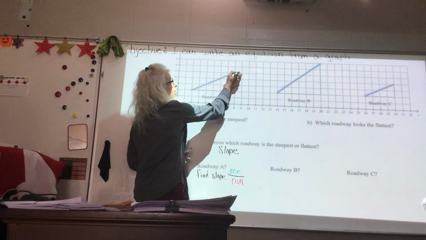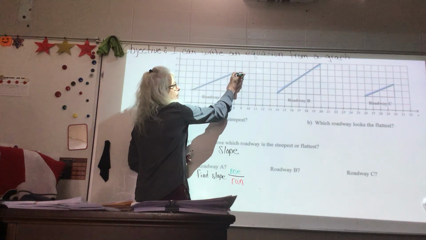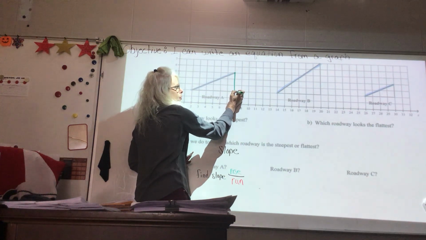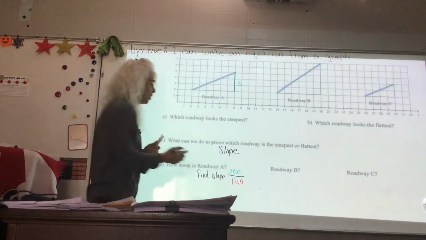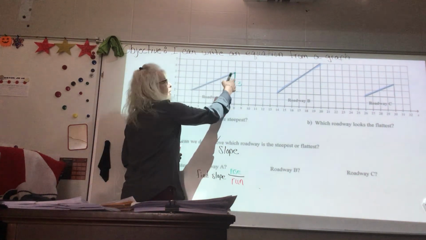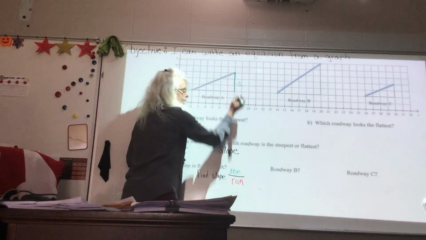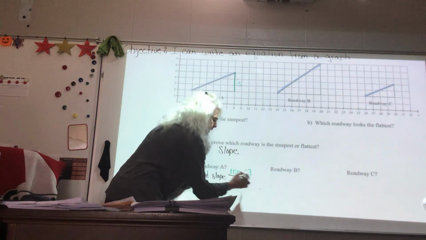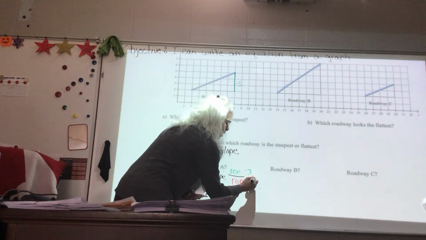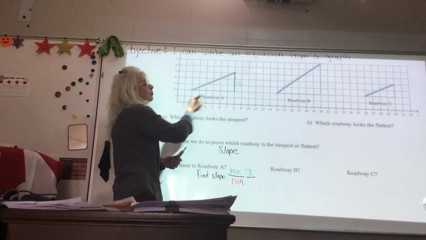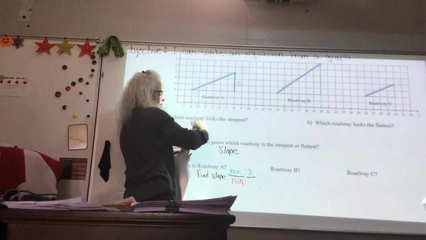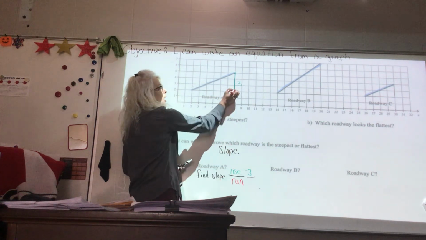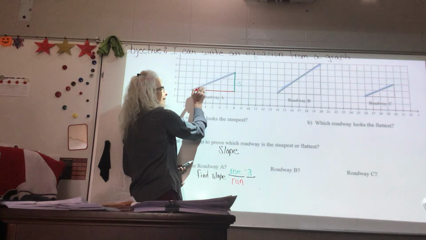So if I'm at the top of the road, I have to go 3 squares to the bottom. If I'm going down, that would be negative, so I'm going to put negative 3 over. So I went down 3 squares, and now I need to run over to the beginning.